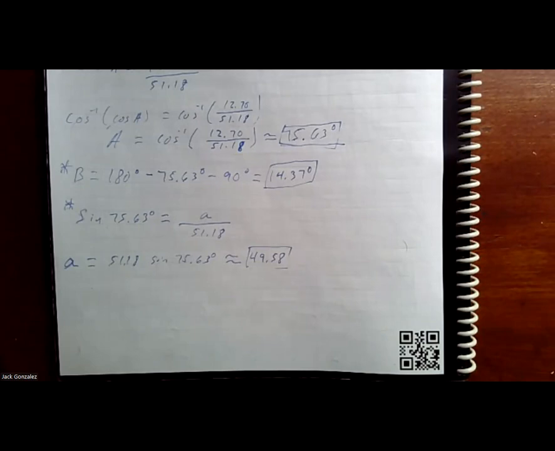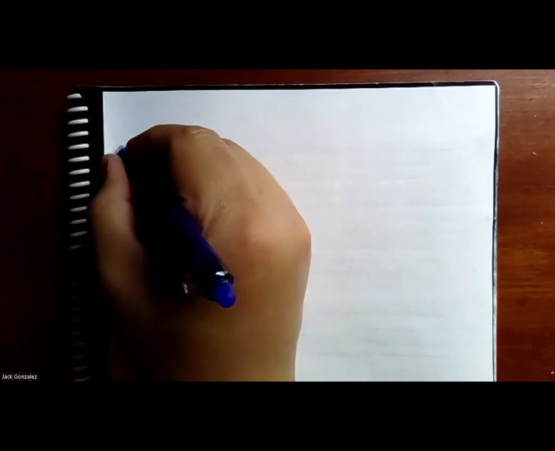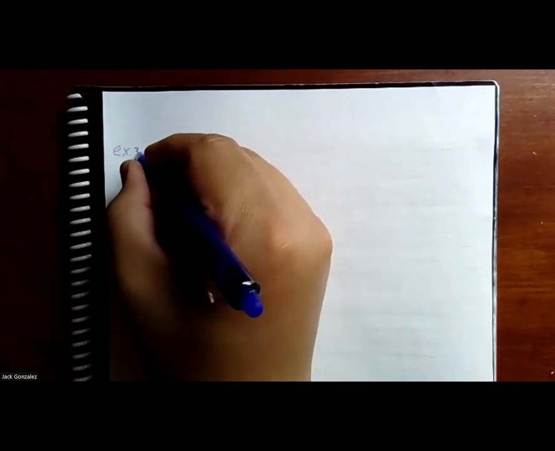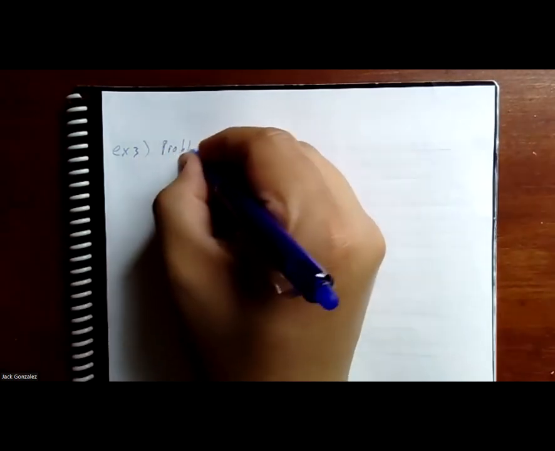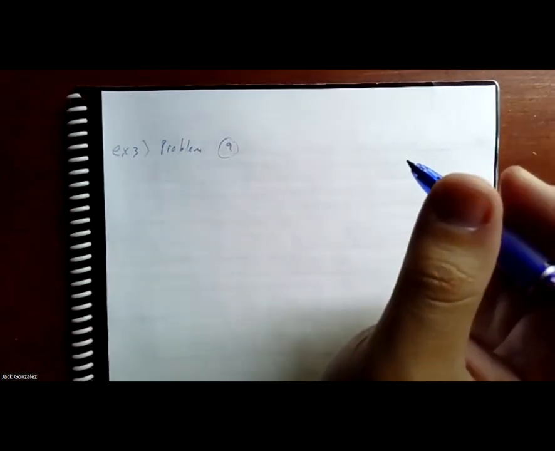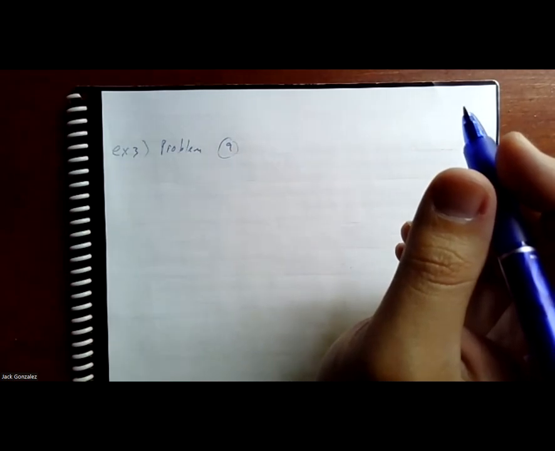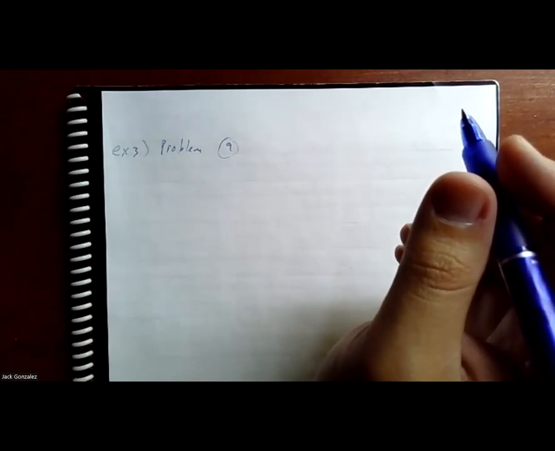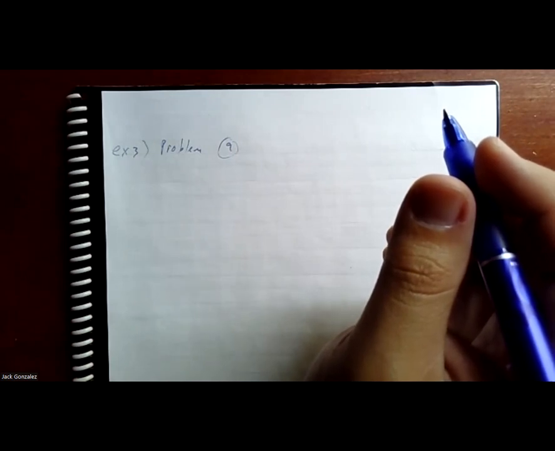This is problem number 9. So put the problem in the chat box just because it's a lot to write. It says the sun is 25 degrees above the horizon. Find the length of a shadow cast by a building that is 100 feet tall.